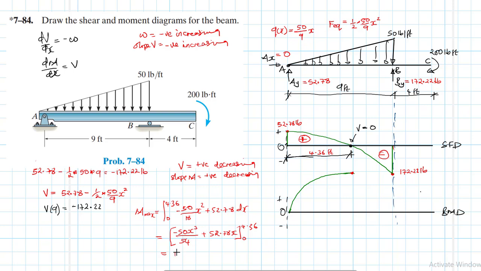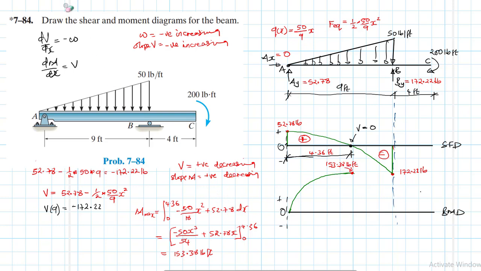So the value we are finding is 153.38 pounds feet. So this is the value here, which will indicate 153.38 pounds feet. That's the moment at that point.